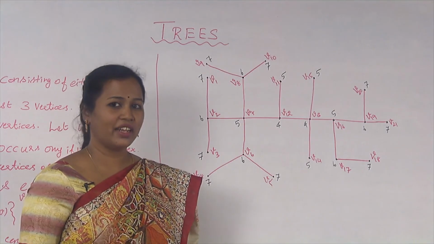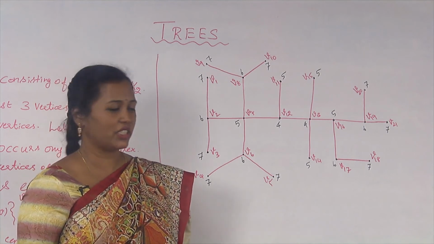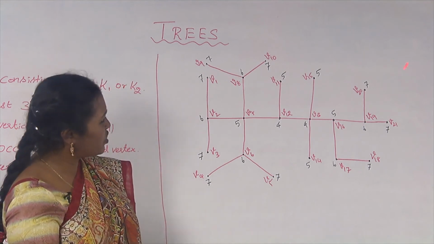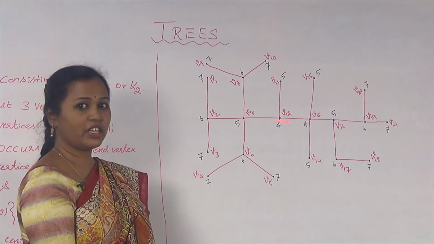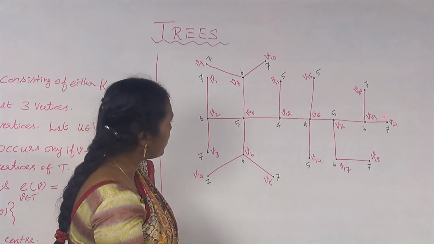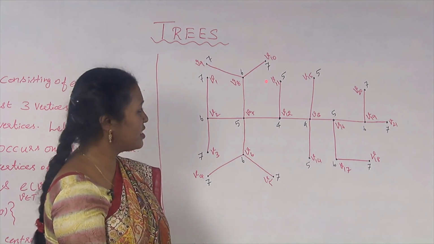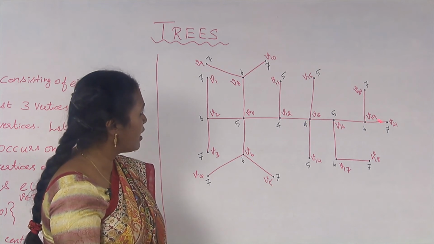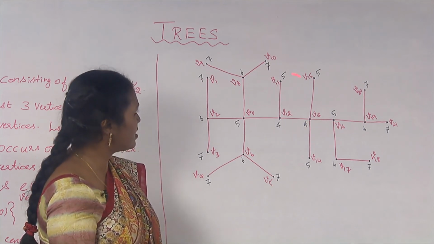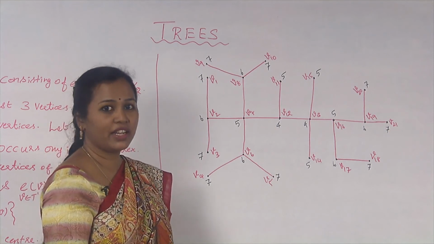Let us now see an example to understand the theorems and definitions that we have studied just now. We now have a tree with 21 vertices. It is a tree because there are no cycles, it is an acyclic graph, and 21 vertices are there. The numbers marked in black are the eccentricities of the vertices, and clearly you can see that the end vertices have maximum eccentricity, in keeping with what we have studied earlier.